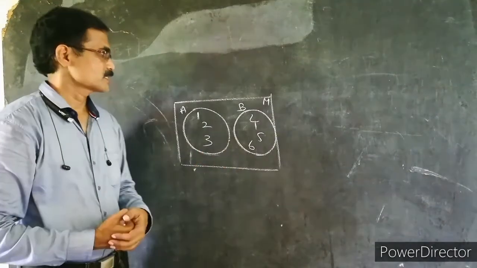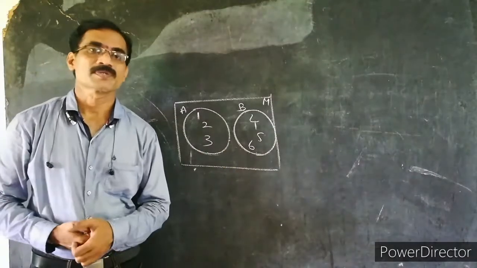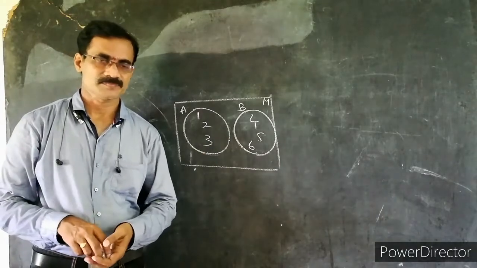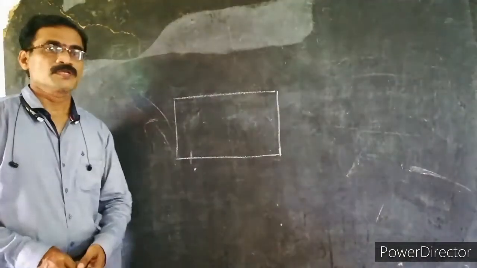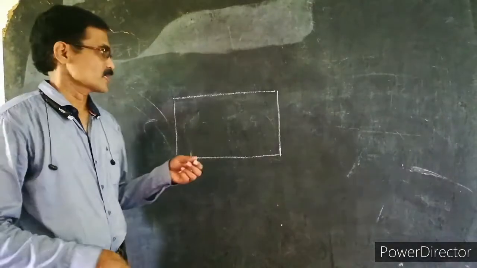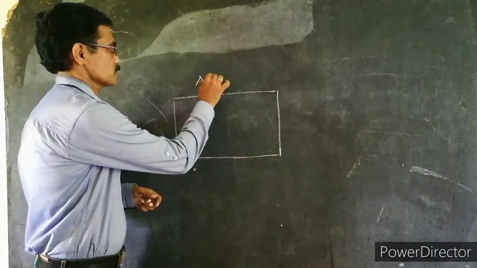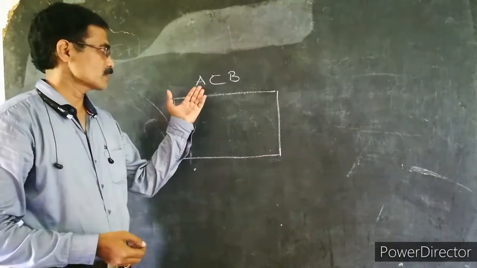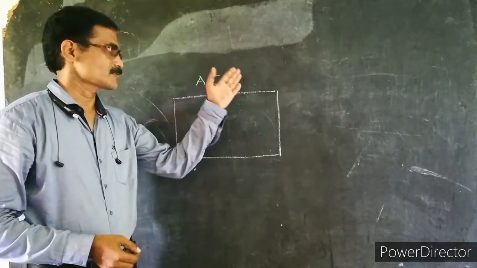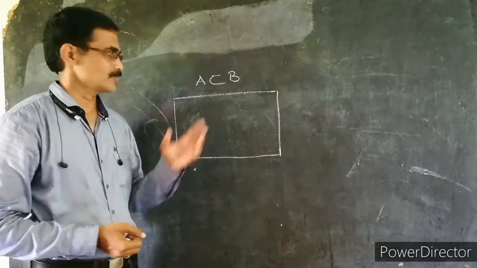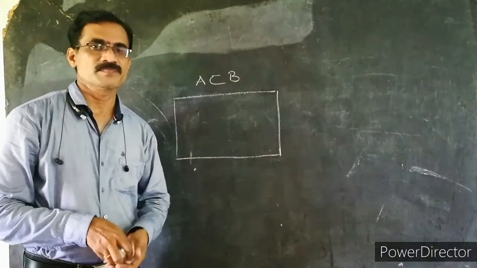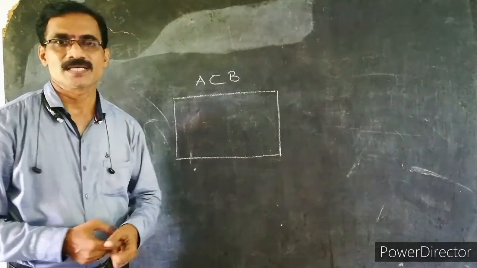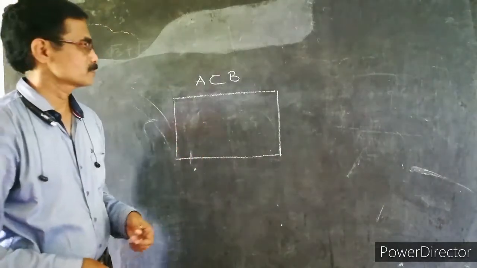Okay, right. Now, how to represent a subset by using Venn diagram? For example, A is a subset of B. Means all elements in A are also in B. Then only A is known as subset of B. Now how can we represent this subset by using Venn diagrams?